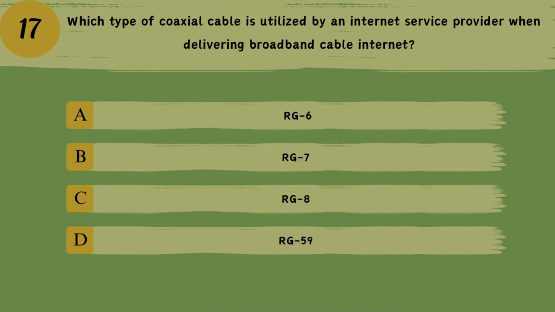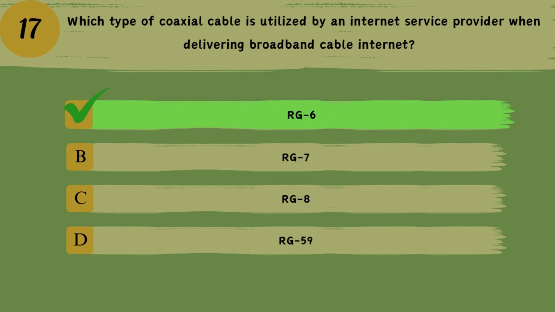Question 17. Which type of coaxial cable is utilized by an internet service provider when delivering broadband cable internet? A. RG6. B. RG7. C. RG8. D. RG59.